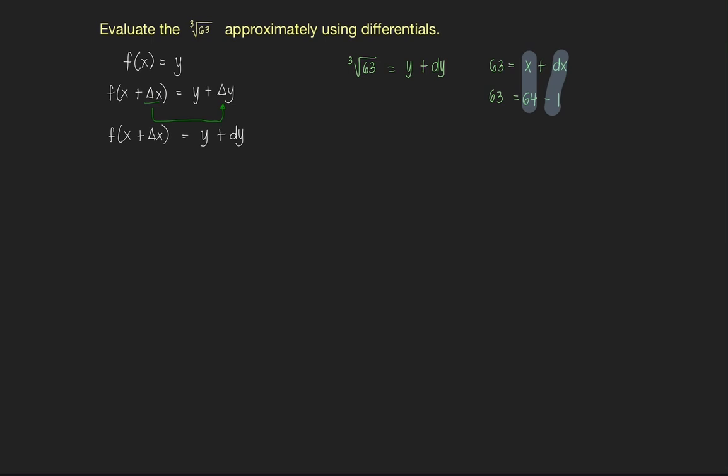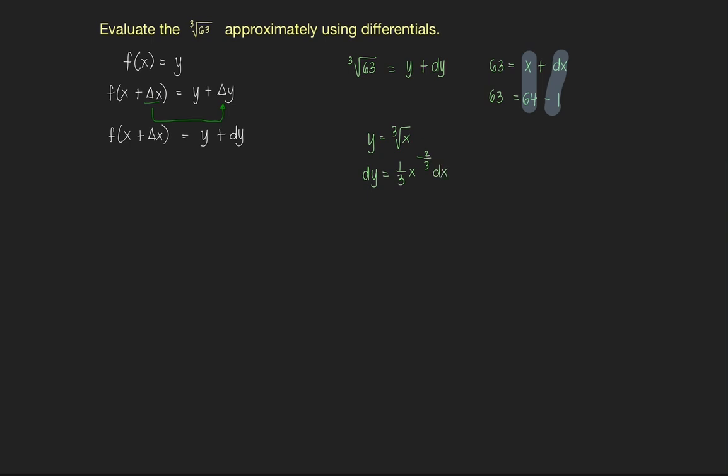So that for our function, y is equal to the cube root of x. So finding the differential, dy is equal to 1/3 x to the power of negative 2/3 dx.